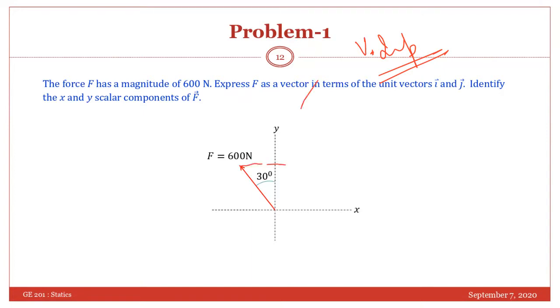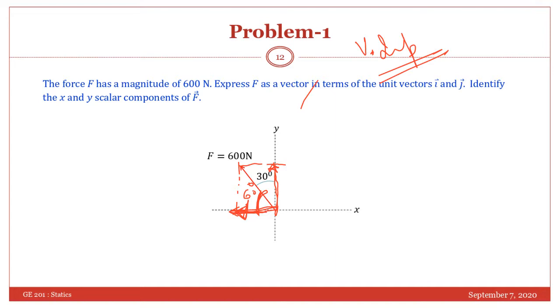If you want to use the 60 degree angle, then this will be 600 cosine 60 and 600 sine 60. Or if you're using this angle, then this will be 600 cosine 30 and this will be 600 sine 30.